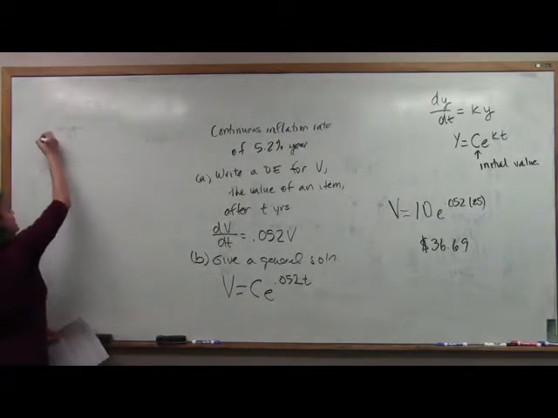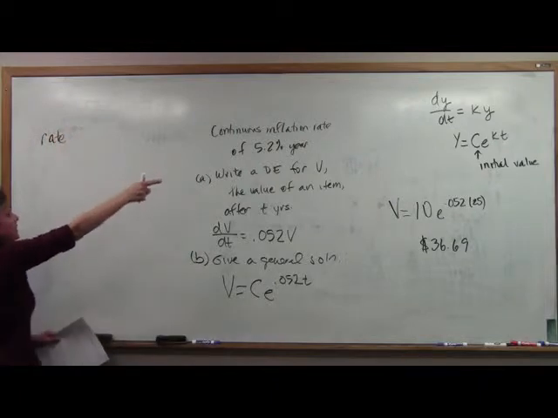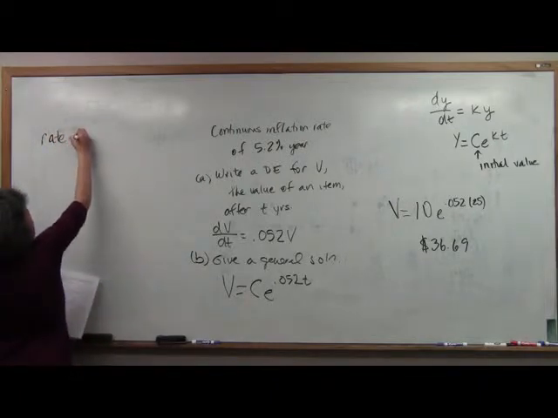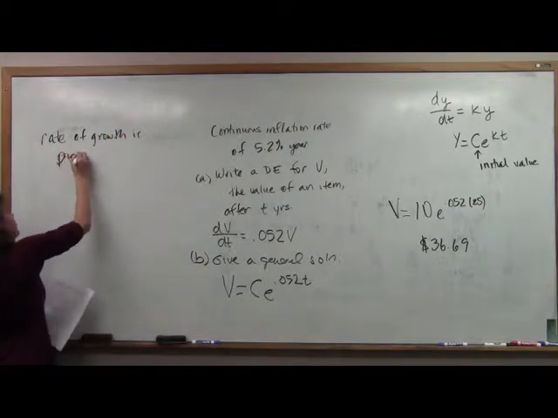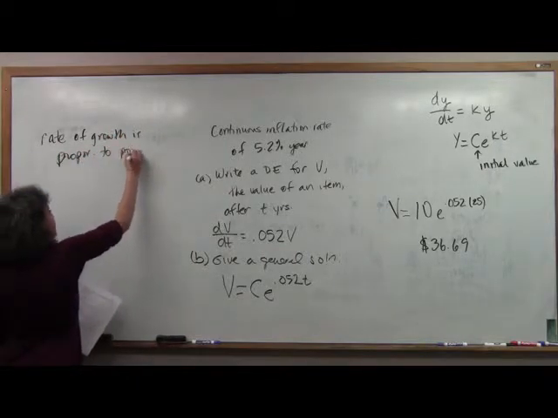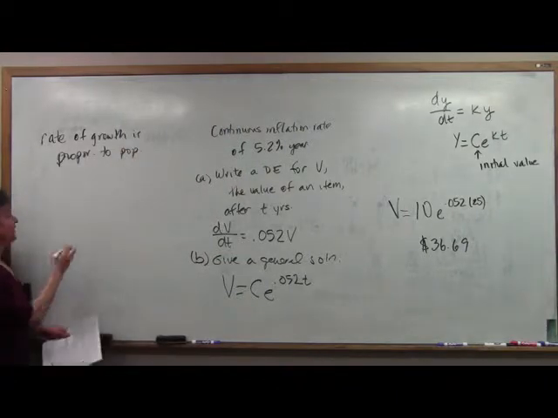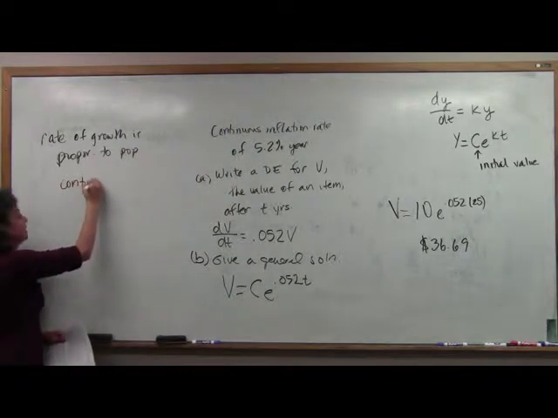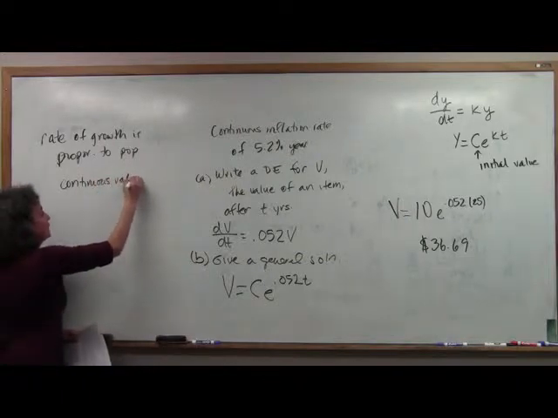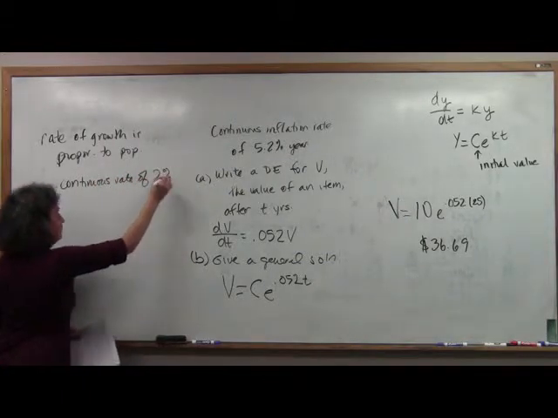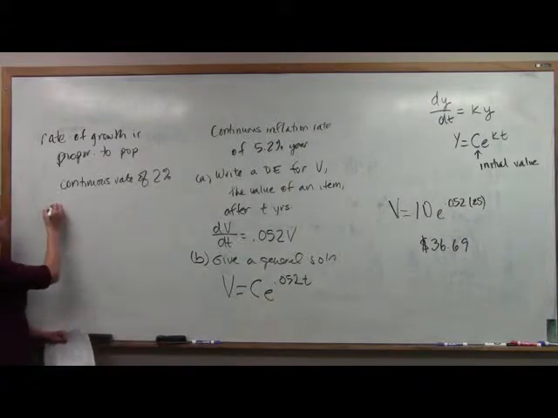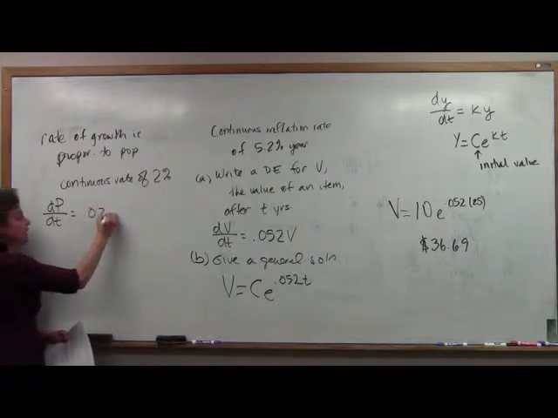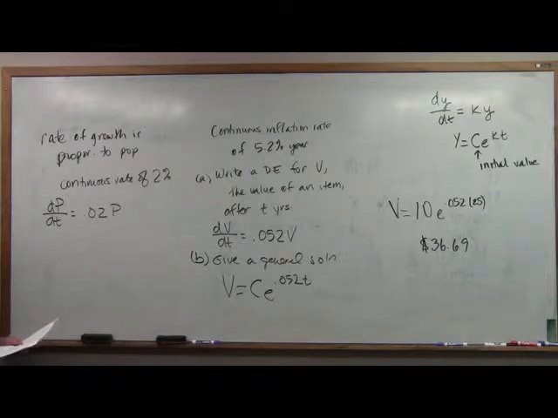That already tells us that we're in this form. So the rate of growth is proportional to the population. Okay? And let's suppose that it grows at a continuous rate of 2% per year.